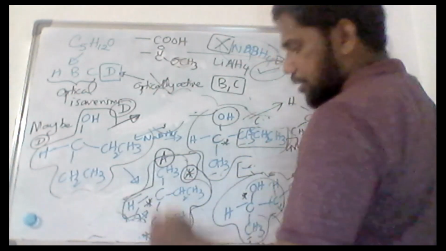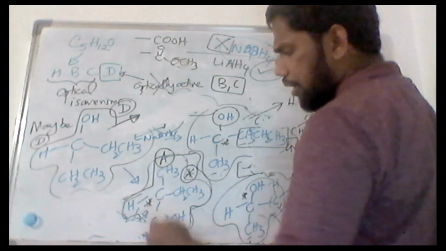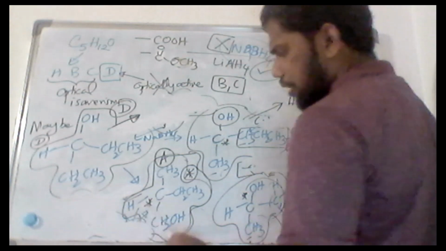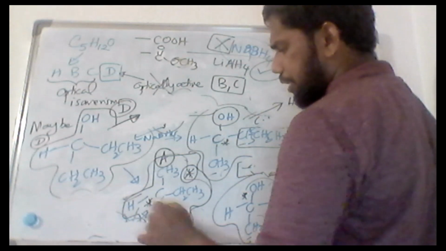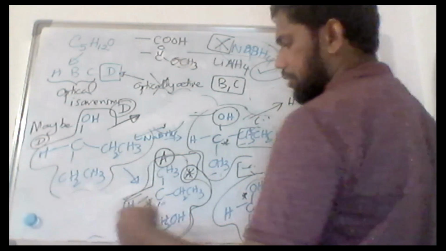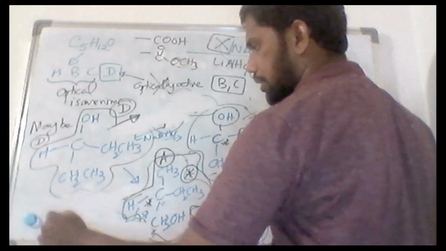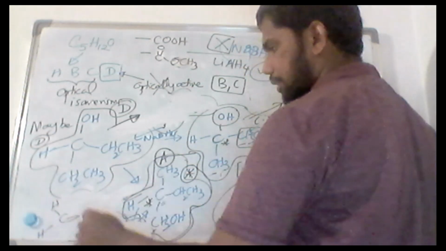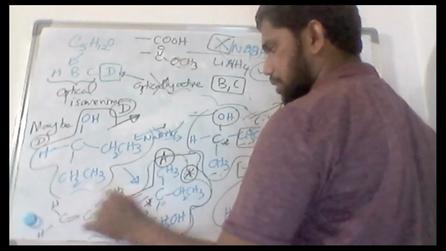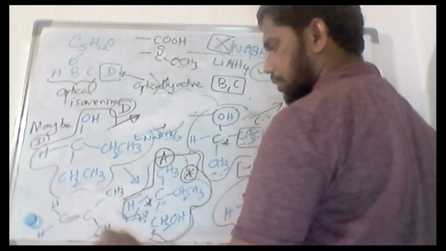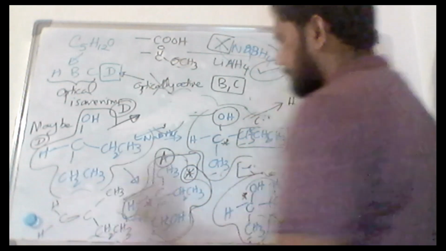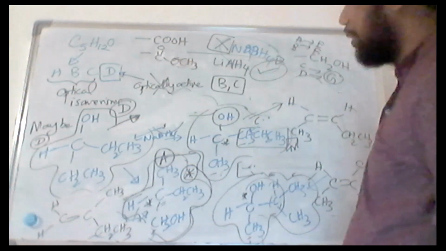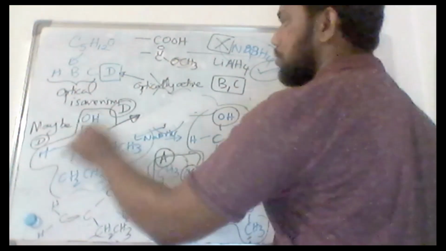And for this one, CH2OH, the adjacent carbon for this hydroxyl is only this one. So this will give 2 hydrogens from this particular carbon, and this carbon is going to attach with CH3, and this is going to attach with CH2, CH3. So what are the remaining?